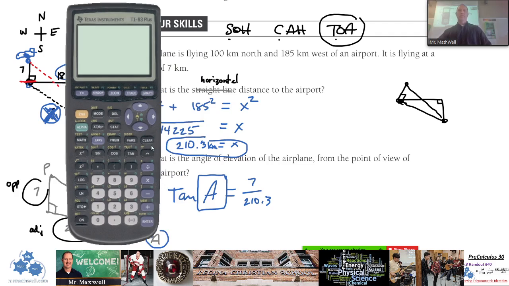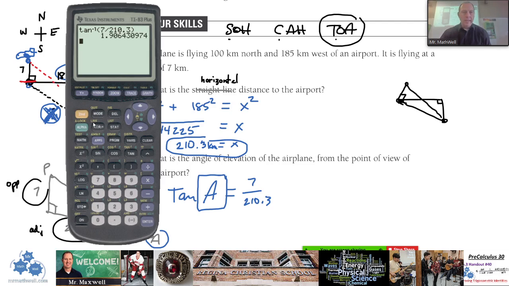Now what you do is you simply use that function. So I'm going to go second function tan, and I'm just going to put in this fraction, 7 divided by 210.3. And then that's going to spit out the angle.